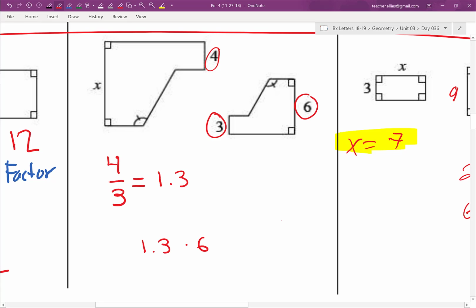Can you do that on your calculators? What do you get? 7.8. And what's 4 divided by 3 on your calculators? So instead of doing 1.3, do 1.3333333 times 6. 7.888, right? Just type it in.